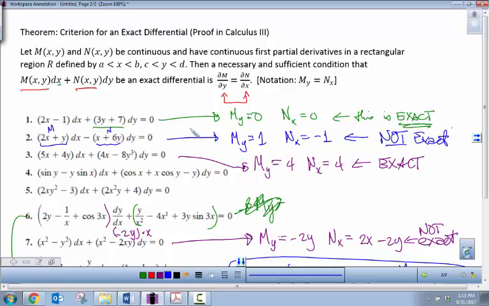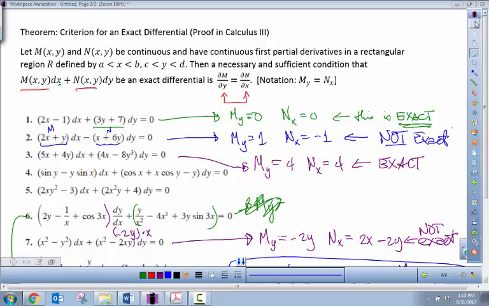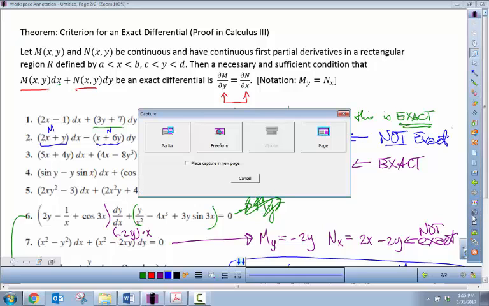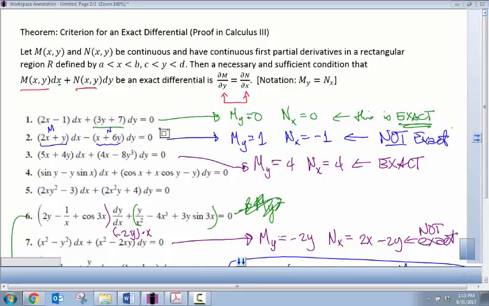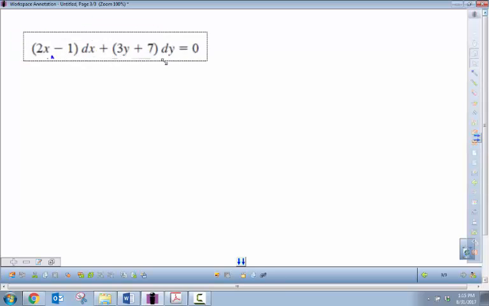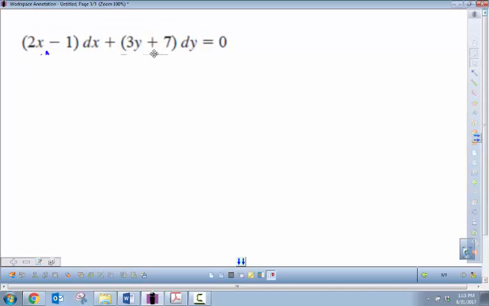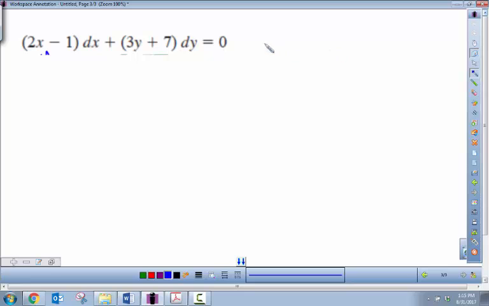So that's what we're going to do. And let's use one of these for an example. Let's take a differential equation that we saw was exact. So let's take number 1 and use that as our first problem. So we already know that this is exact.